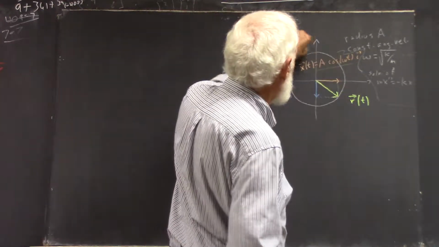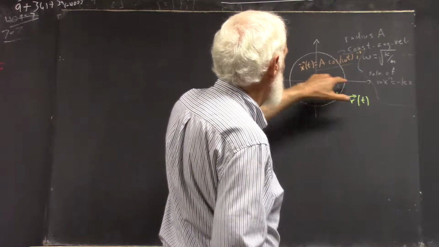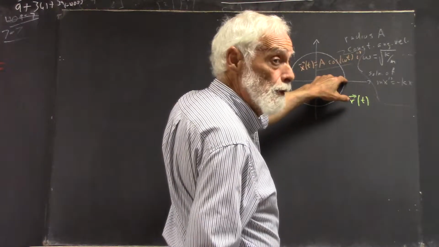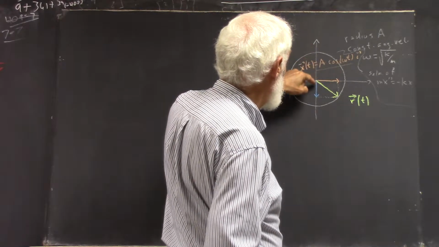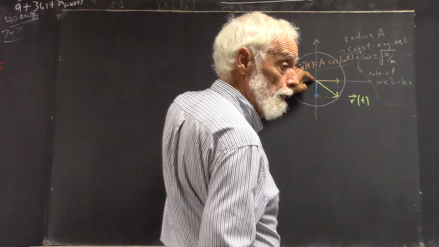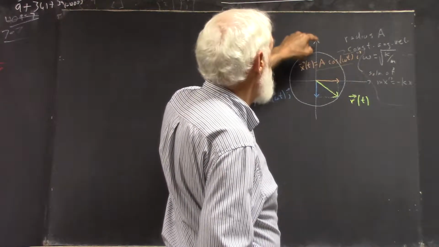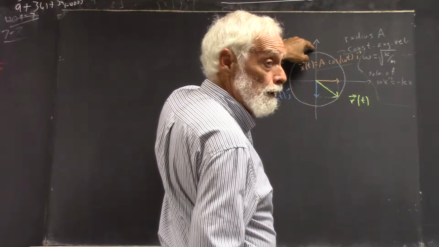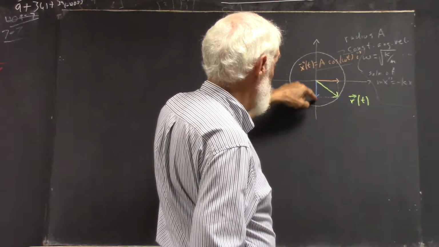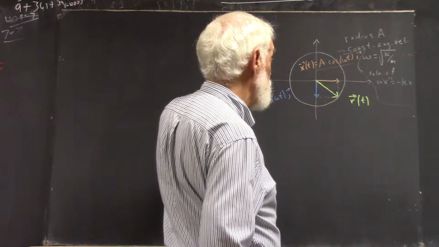So as this point moves around, the x-coordinate does this, and if you start here, t equals 0, the y-coordinate starts here, goes up, comes back down, all the way down to here and back to here. Starts at 0 and goes through a simple harmonic motion, going up to a positive displacement, back to 0, down to a negative displacement, back to 0.